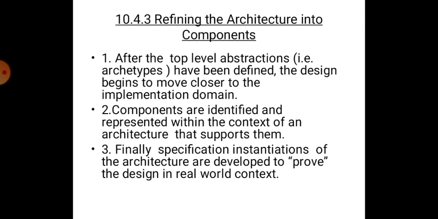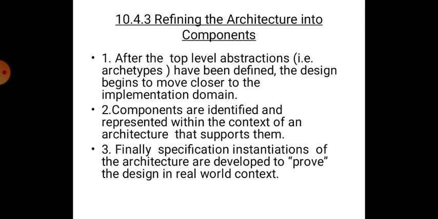Point number two, components are identified and represented within the context of an architecture that supports them. Students, once the architecture context diagram has been defined and components have been identified, you have to identify the components that are represented within the context of an architecture.